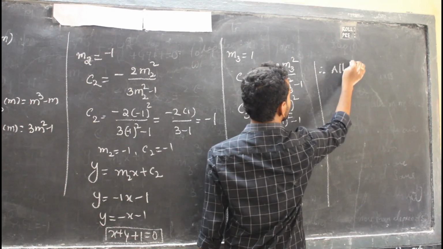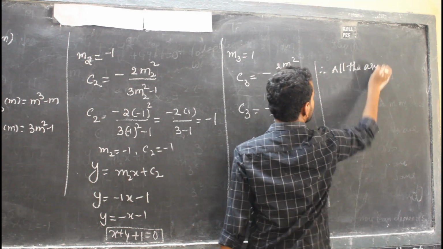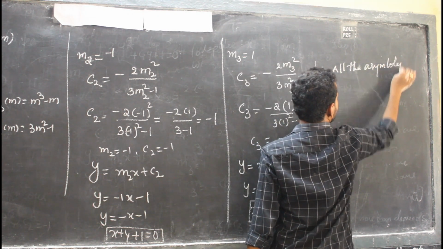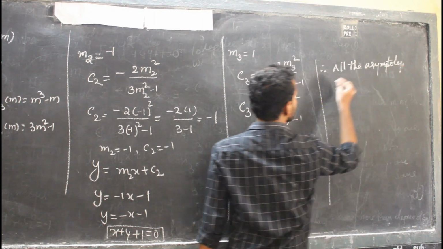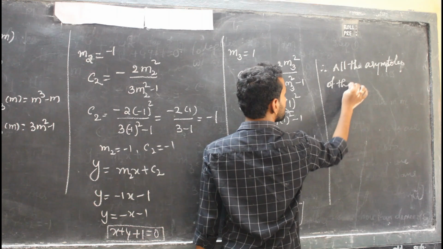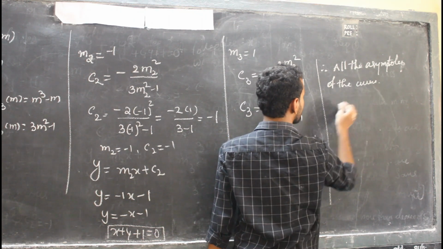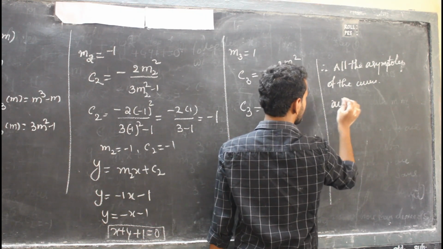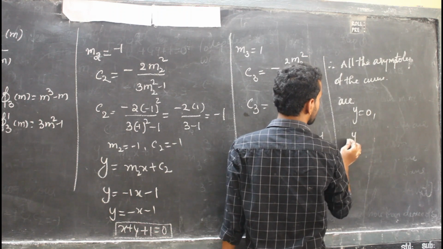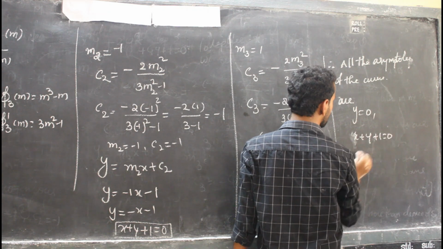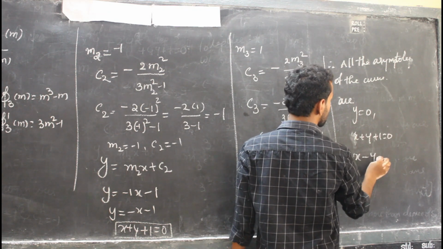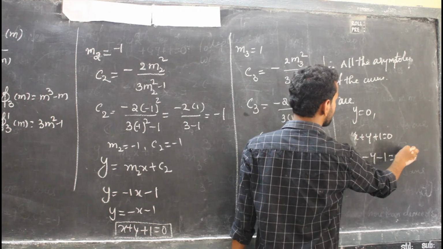All the asymptotes of the given curve are y equal to 0, x plus y plus 1 equal to 0, and x minus y minus 1 equal to 0.